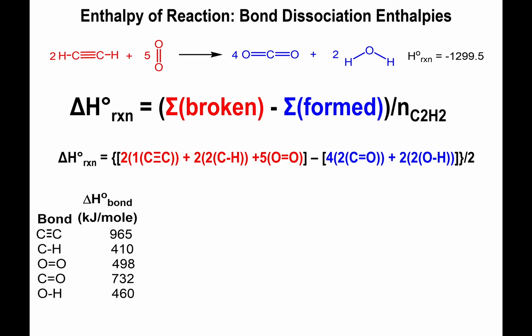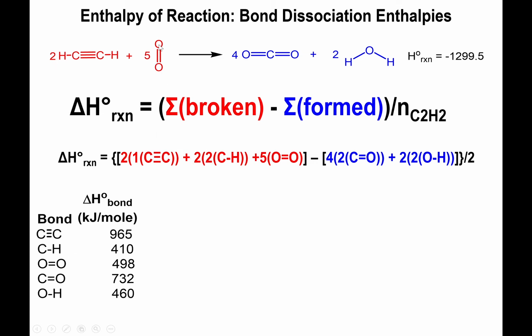And generally speaking, the process is simply an account of how many of each type of bond you have in the molecule times the number of molecules that are present in the reaction. So looking at the carbon-carbon triple bond, there's only one carbon-carbon triple bond in this molecule, but there's two molecules, so we multiply 1 by 2. There are, however, two carbon-hydrogen bonds in this organic molecule, and there are two molecules of that kind, so you multiply 2 by 2.